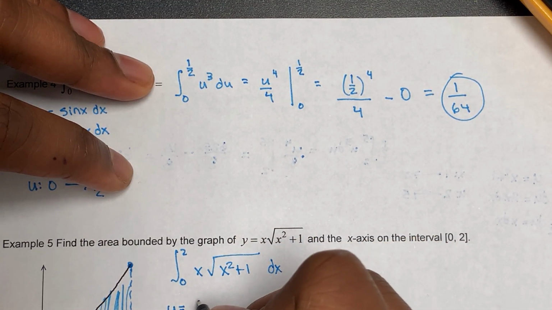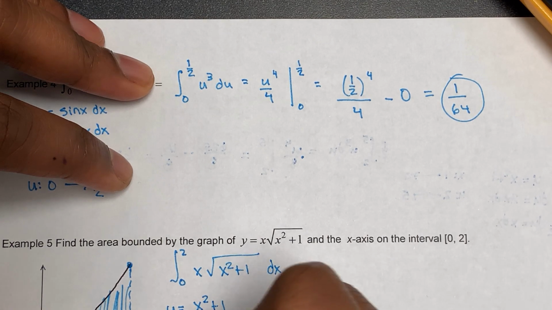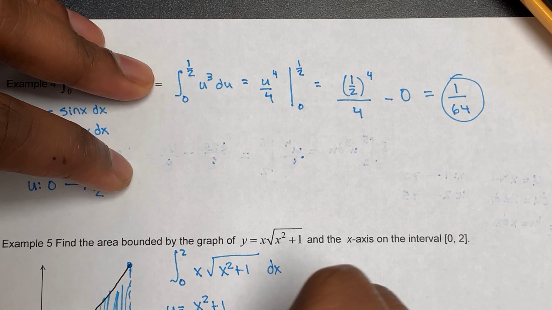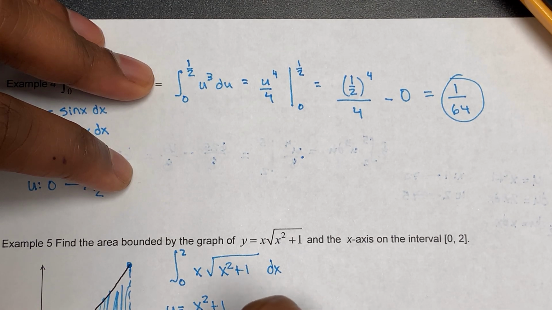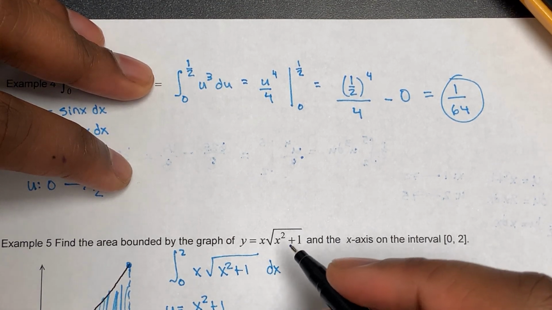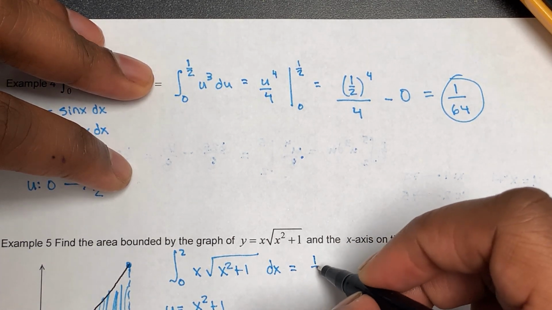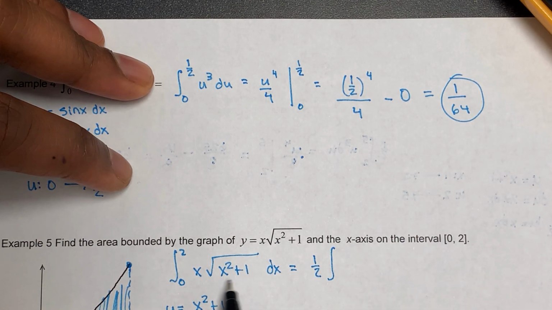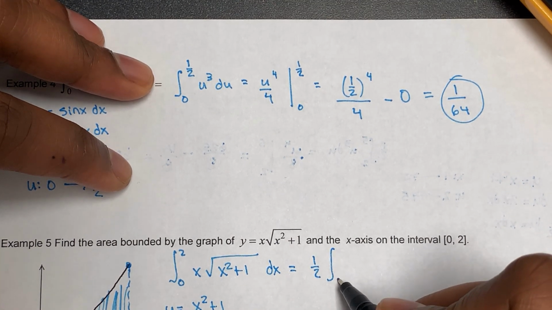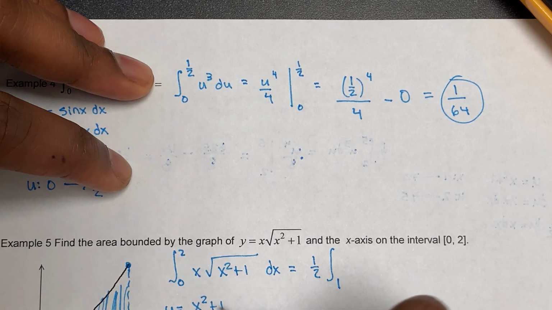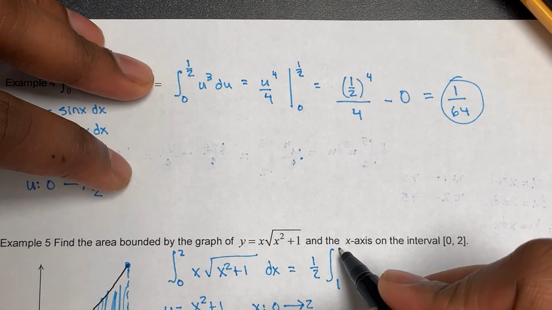U would equal x squared plus 1. Du would equal 2x dx. So 1/2 du equals x dx. So we would have 1/2 the integral. Our u limits would be from 1, and if you substitute in 2, be formal, so from 0 to 2, u goes from 1 to 2 squared plus 1, which is 5.